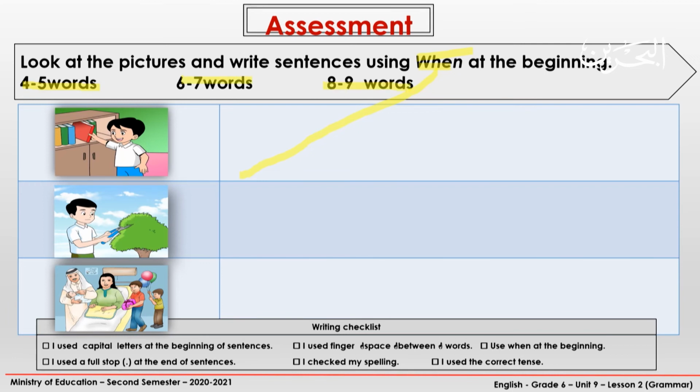Please also keep in mind the checklist: start with a capital letter, use spaces so that we can read them, use punctuation, a full stop at the end of the sentence, check your spelling, and last but not least, remember to use when along with the correct tense. Good luck and start. I'm going to give you 4 minutes. If you need more time, you can pause the audio.